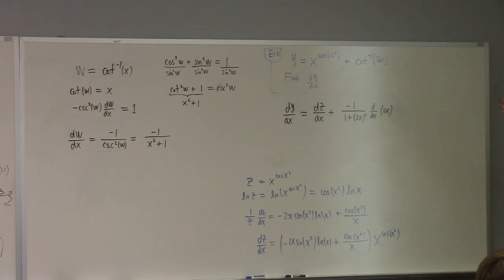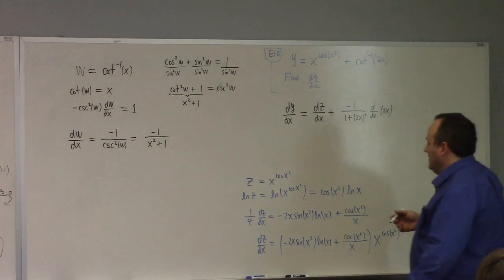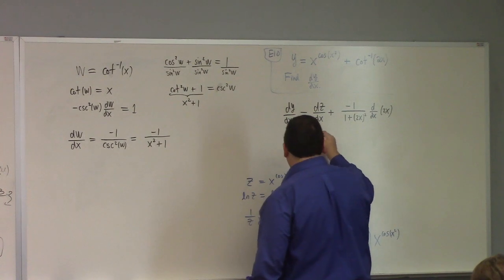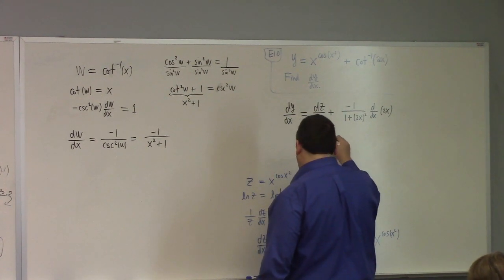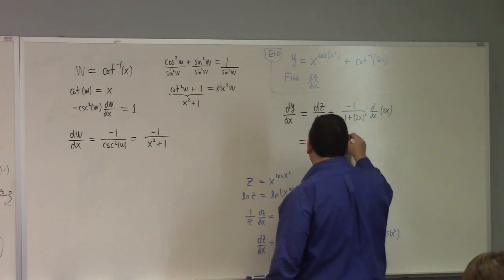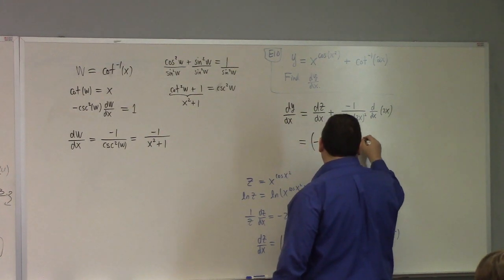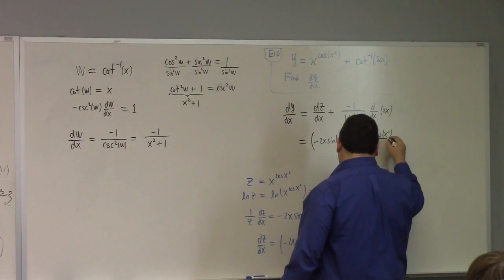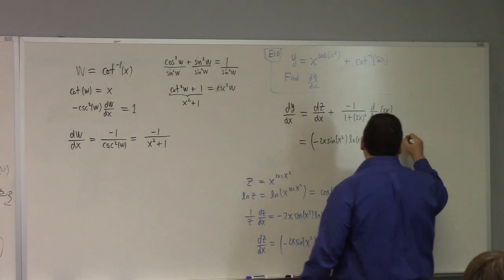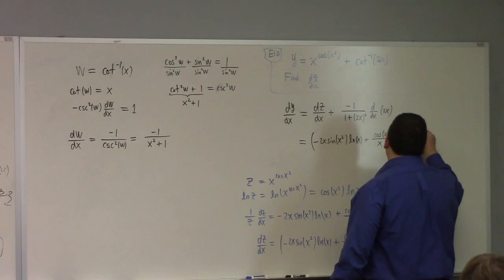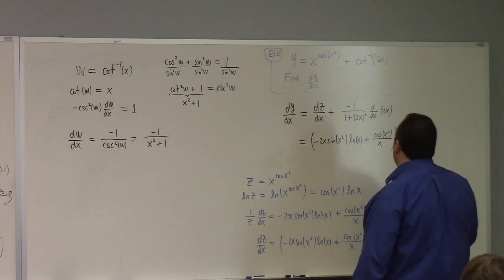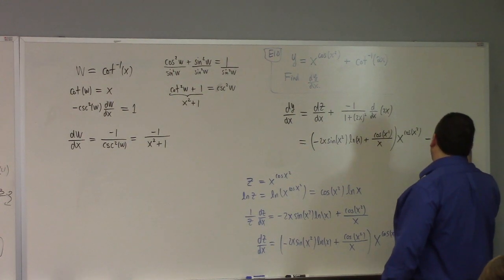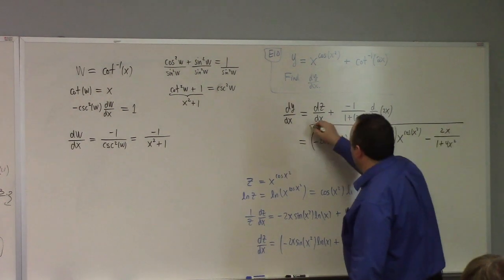So x has to be replaced by 2x. This is a lot like one of the last ones I had on the quiz. So it's this mess, minus 2x sine of x squared natural log of x plus the cosine of x squared divided by x, times x to the cosine of x squared, minus 2x over 1 plus 4x squared. There you go. That would be dy dx.